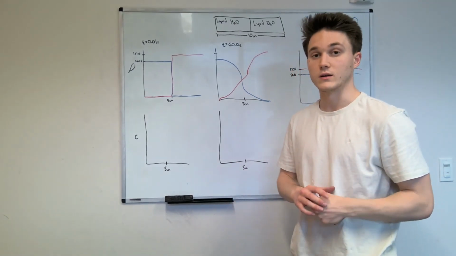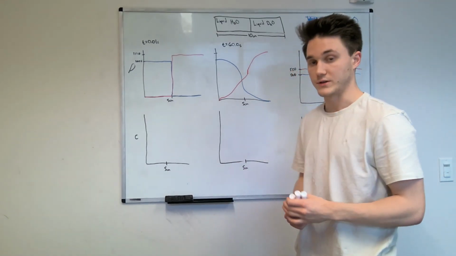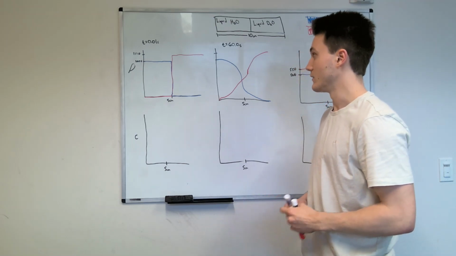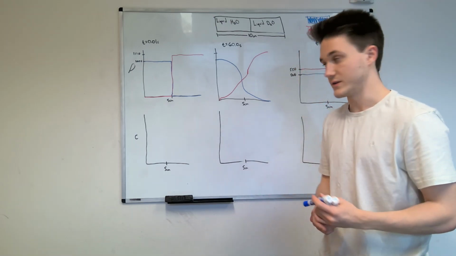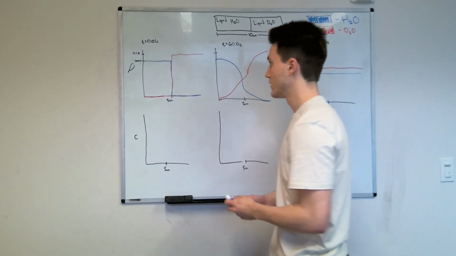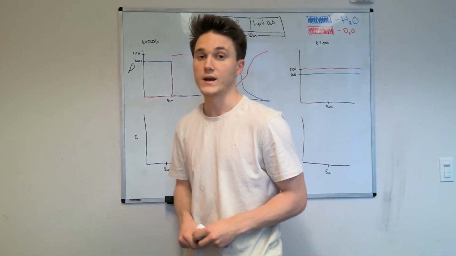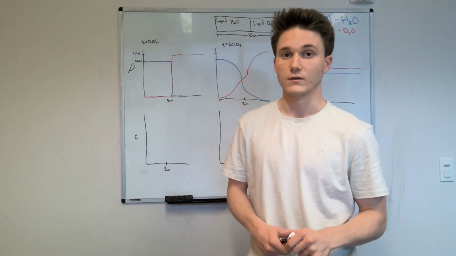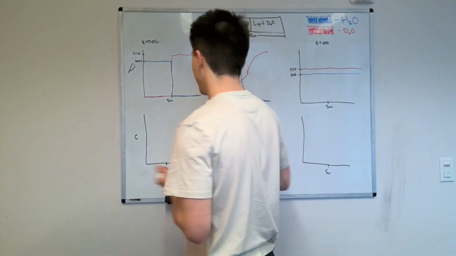Next, we'll be looking at the molar concentration of H2O and D2O. And these two graphs are very similar to the mass concentration, except the molar concentration of H2O and D2O are equal.